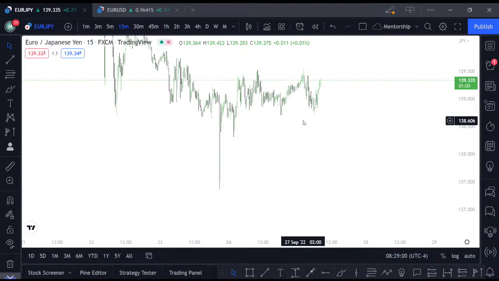One is Market Delta, the other one is Sierra Charts. And if possible, let me upload the two softwares on a Google Drive for everyone to have access to, because that's where we are going to start from.